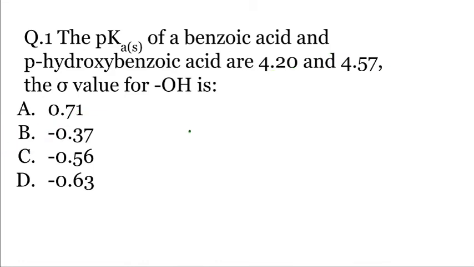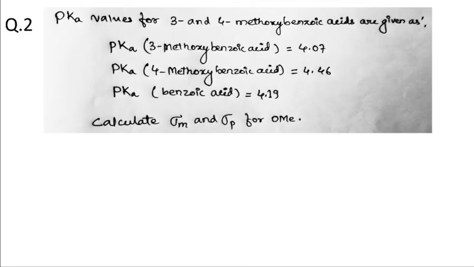Let's move on to the next question, that is this one. pKa values for 3 and 4 methoxybenzoic acids are given: pKa for 3-methoxybenzoic acid is 4.07, and pKa for 4-methoxybenzoic acid is 4.46, and for pure benzoic acid, that means unsubstituted benzoic acid, it is 4.13.